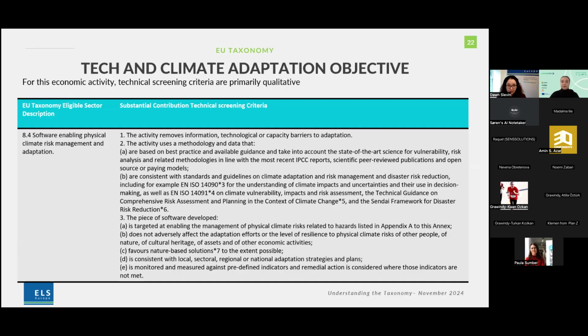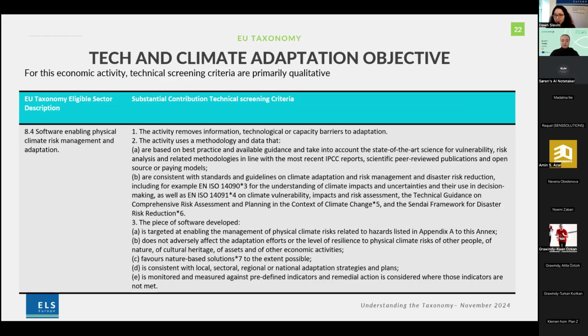It favors nature-based solutions and is consistent with local, sectoral, regional, and national adaptation strategies. So in a sense, it all makes sense that you fit in with the local region that you're covering, be it national or international, and also that your product is monitored and measured against predefined indicators, so that you can see the performance of it and improvements in it. So quite qualitative technical screening criteria, excuse me.